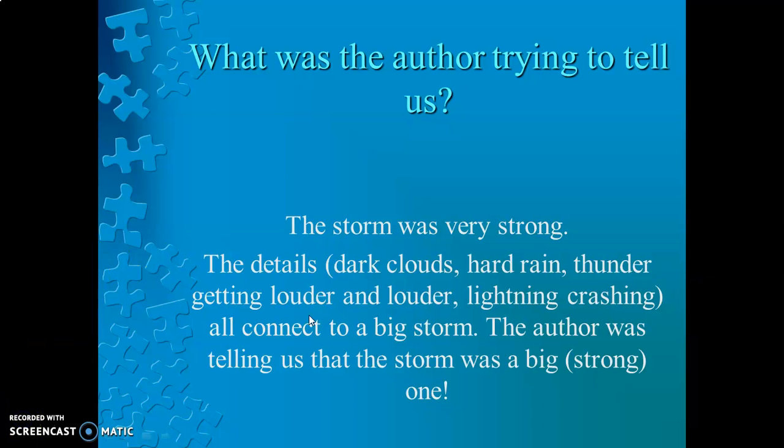Now, this was a very basic example, but my point in using this easy short paragraph was to be able to easily pick out details and connect them. Of course, when you're doing your articles, they are longer and it's not quite as easy, but we're in fourth grade and we know how to play detectives when we read.